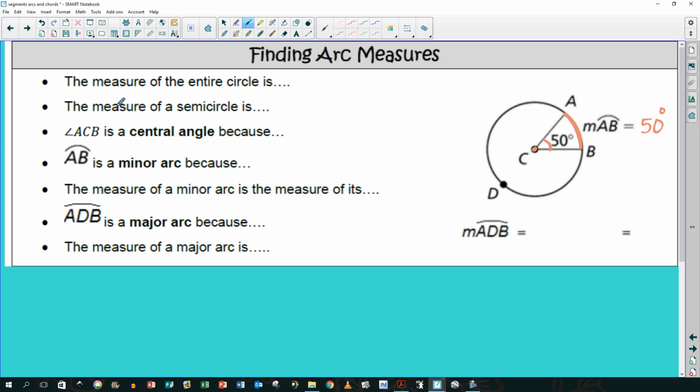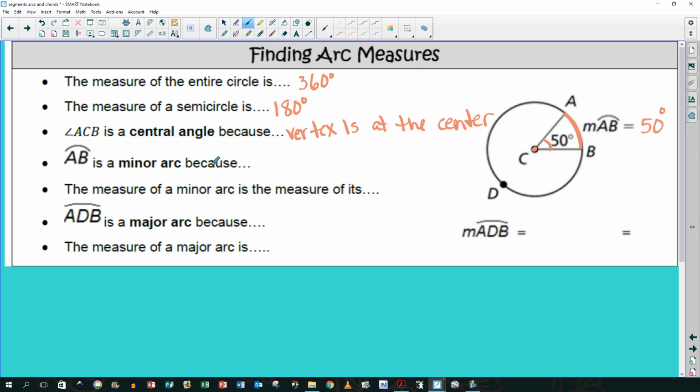So let's talk about all these different measures. The measure of the entire circle, well, there's 360 degrees. The measure of a semicircle, which is half, is 180 degrees. ACB is a central angle because the vertex is at the center.